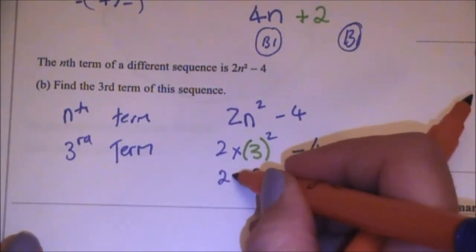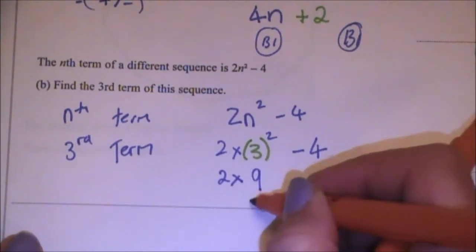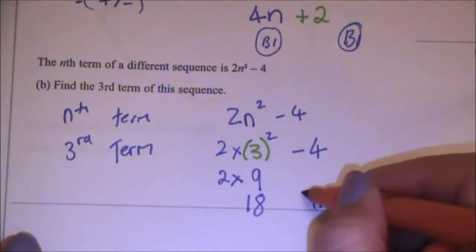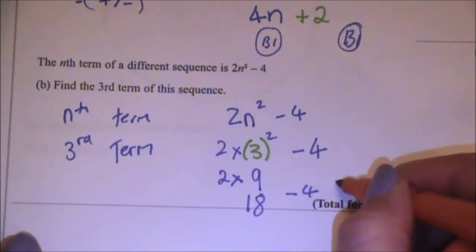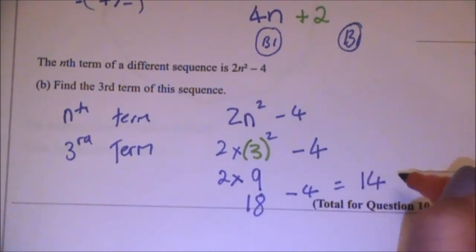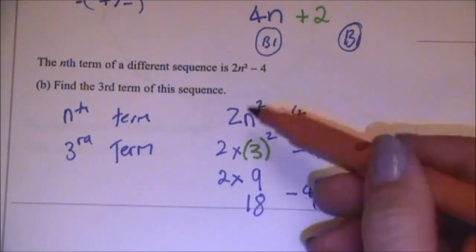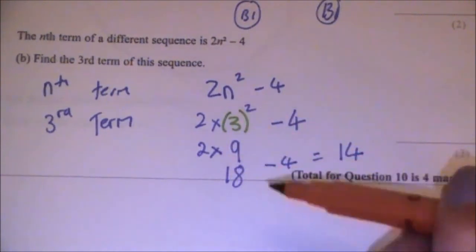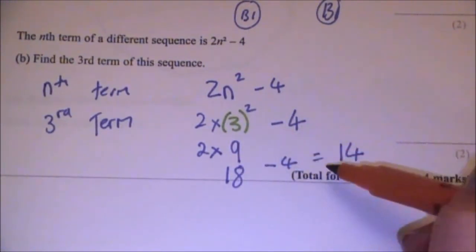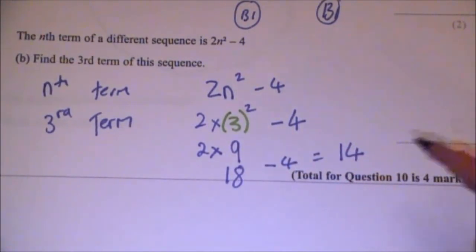So then I've got 2 times 9, which is 18. Then I've got my take away 4, which is going to give me 14. There are more logical ways of setting this out, but whilst I'm talking through it, this is how I'm going to lay it out. And it's given me that 14 is the third term of that sequence.